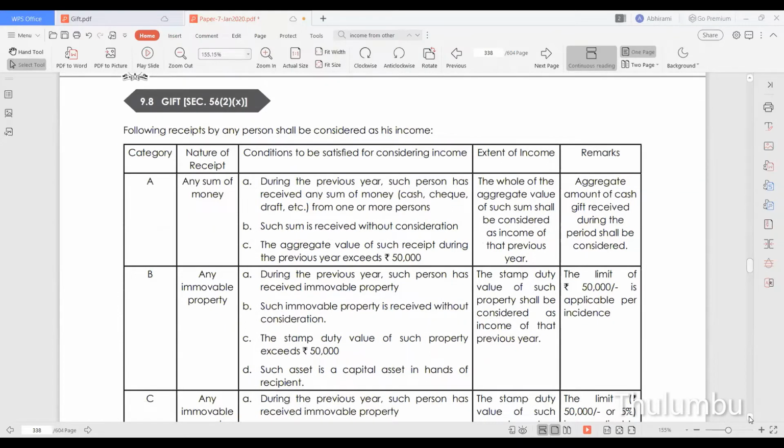So the next important portion is gift. I have shared WhatsApp material on gifts with you in the group, so please take that.